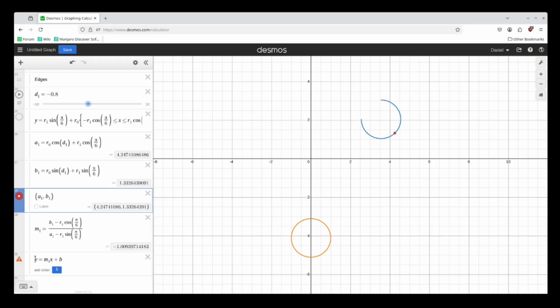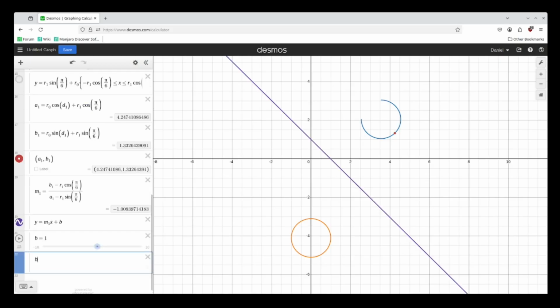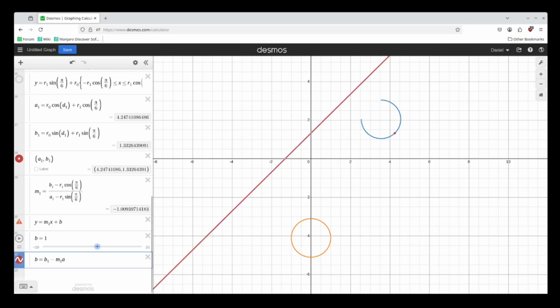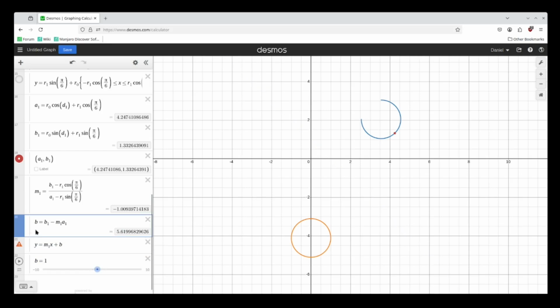That is b sub 1 minus m sub 1 times a sub 1. B sub 1 minus m sub 1 times a sub 1. And we'll just substitute this value back in.